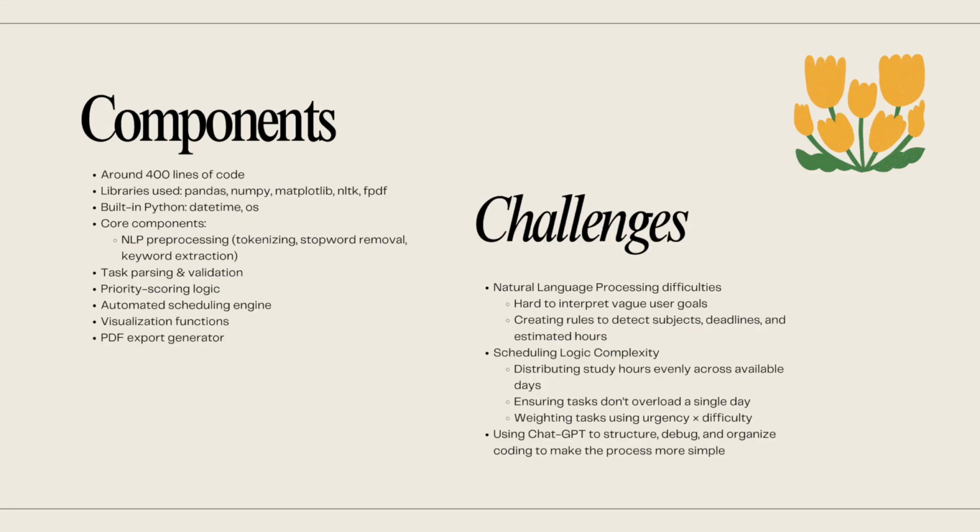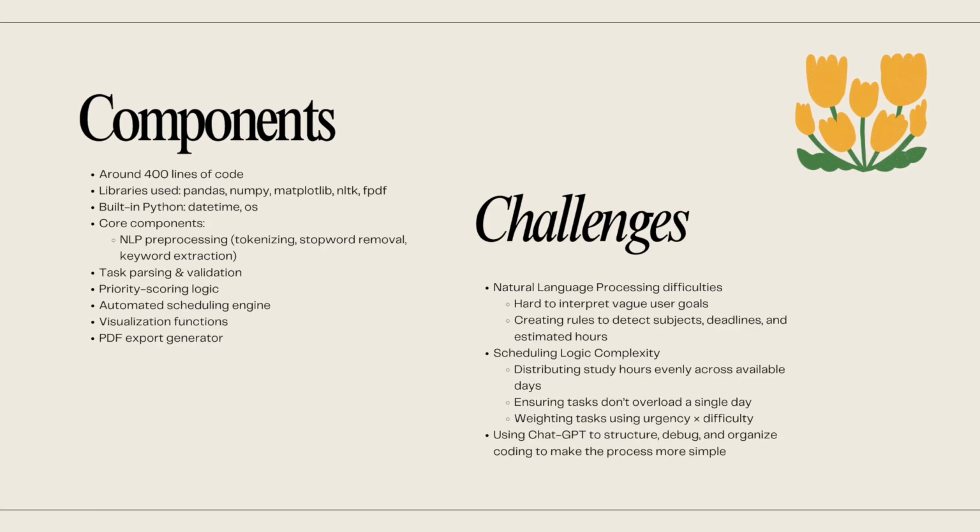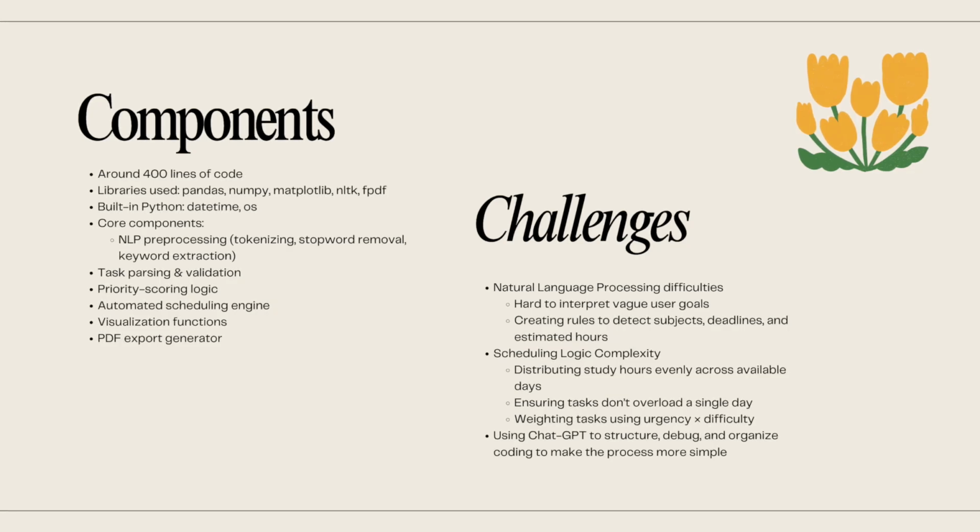So to sum it up, the main components I have are the libraries used, which are Pandas, NumPy, Matplotlib, NLTK, and FPDF, and some built-in libraries. Some built-in libraries are datetime and OS.